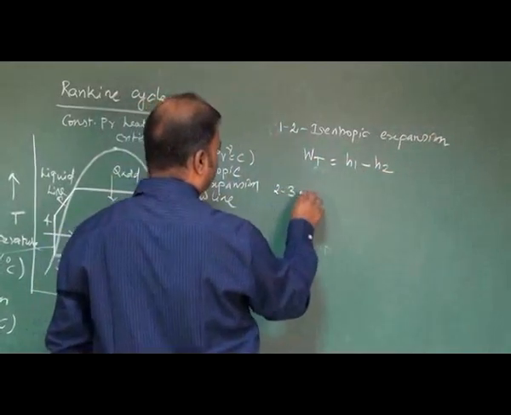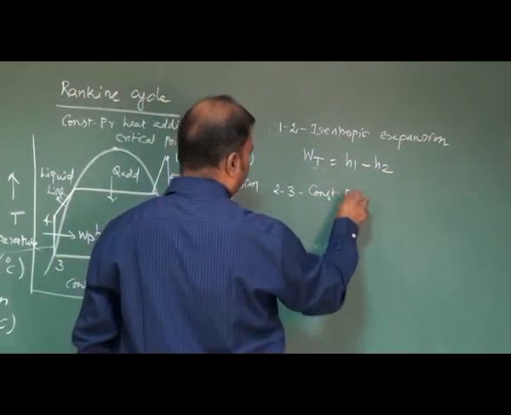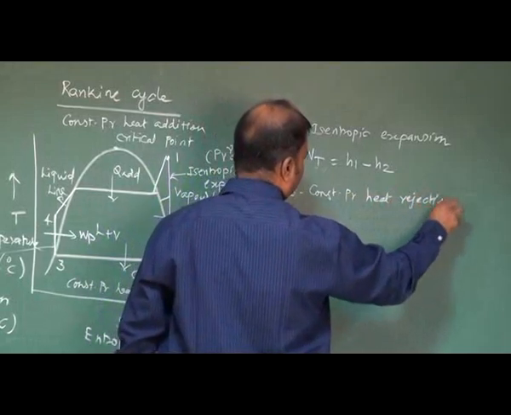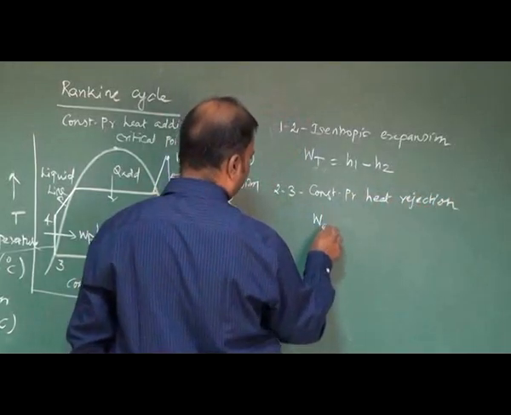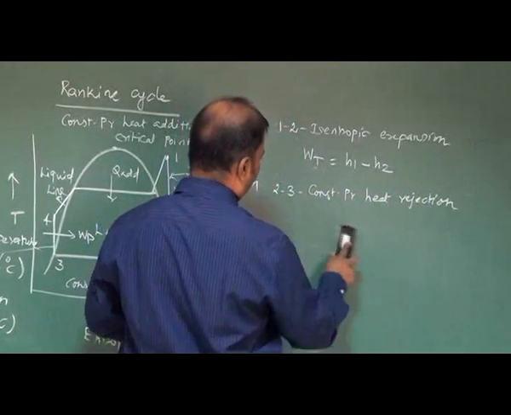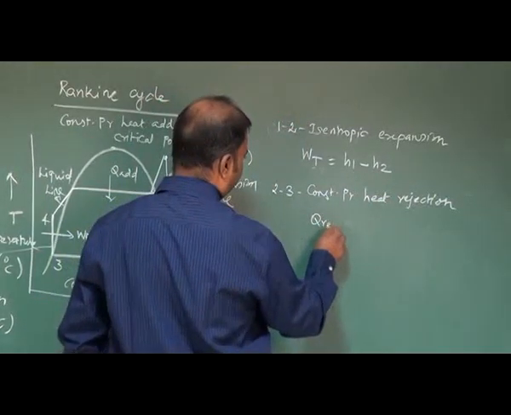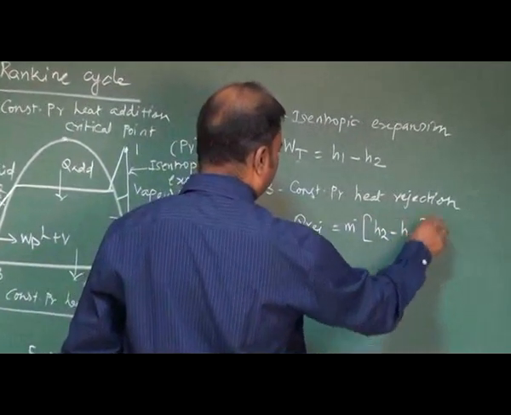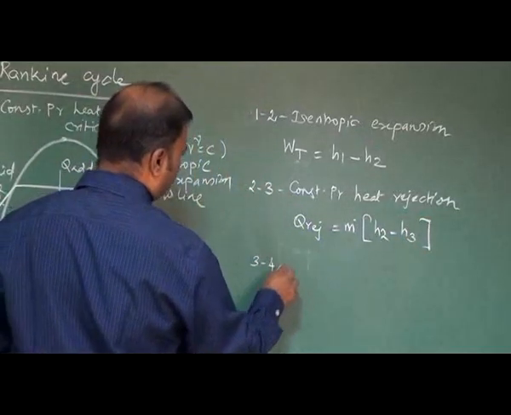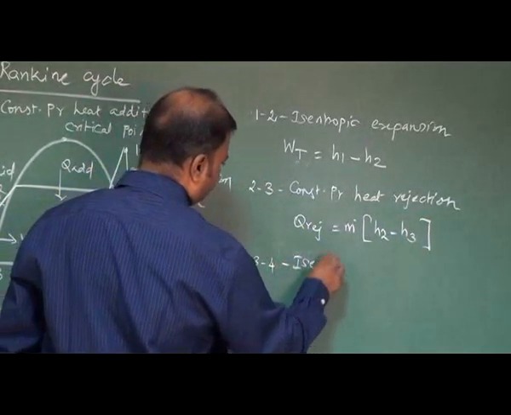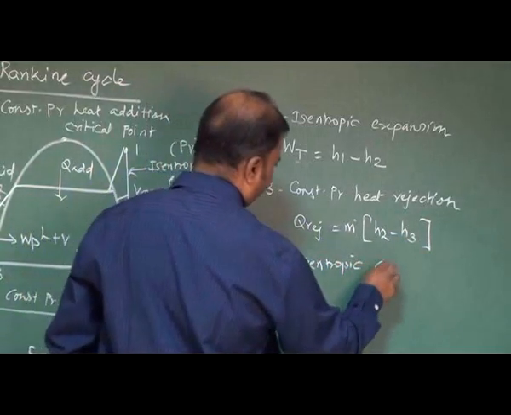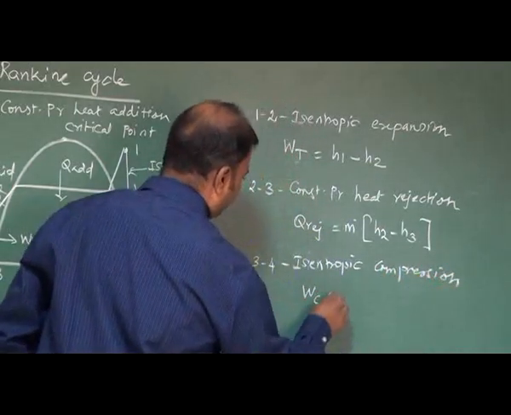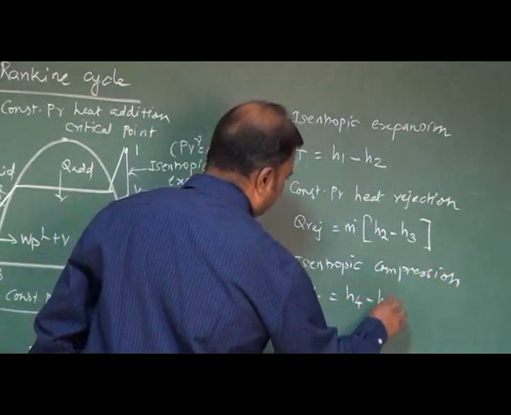The process 2 to 3 is constant pressure heat rejection, in the condenser, and the heat rejection is m dot into H2 minus H3. And 3 to 4 is isentropic compression, where WC is H4 minus H3.